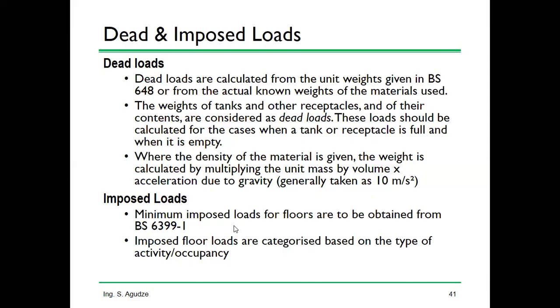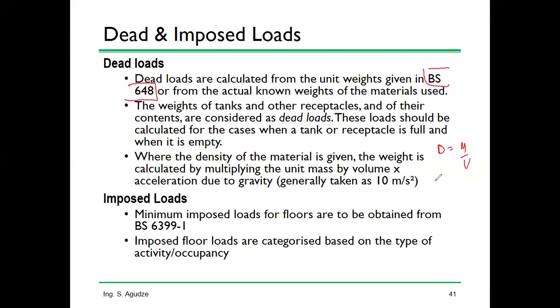Then, when it comes to dead load and all that, I bet you know that. Now, BS 648 is a code that comprises different materials and their weights, mass densities. So if you remember, density is equal to mass over volume.